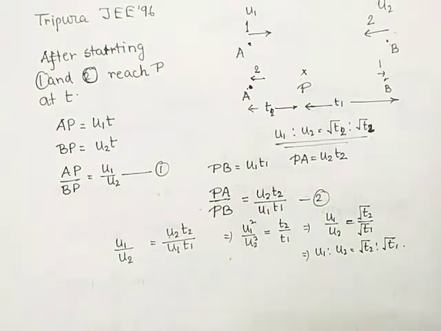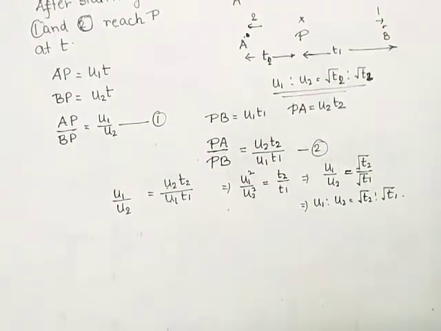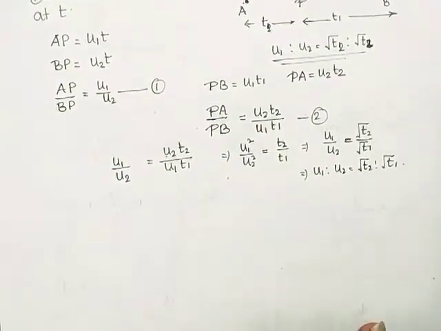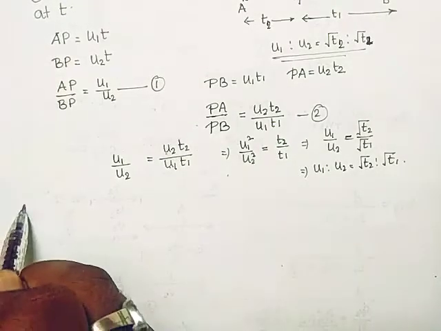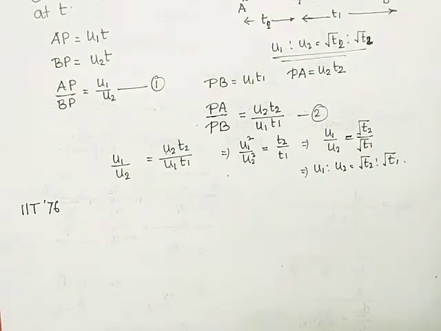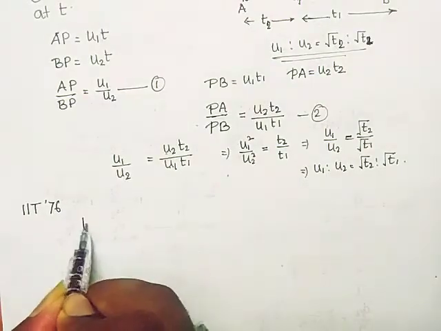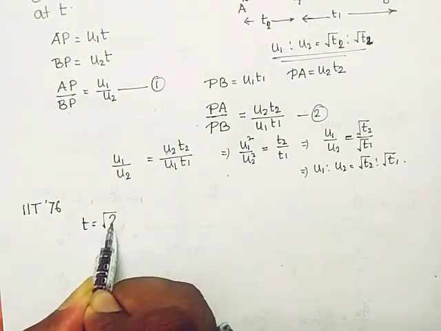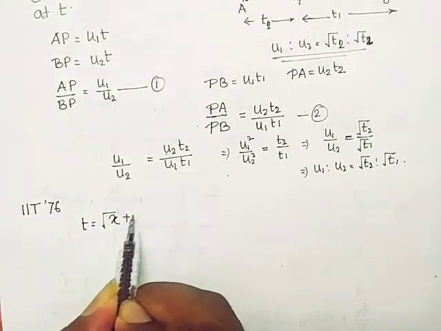Now the question that I am going to discuss was asked in IIT 1976. The question is something like this: due to the action of a force, a particle is moving one dimensionally, and its equation of motion is t equal to root over of x plus 3.